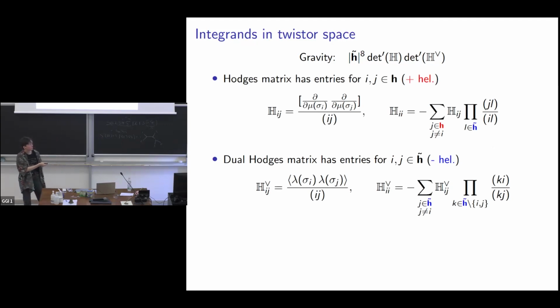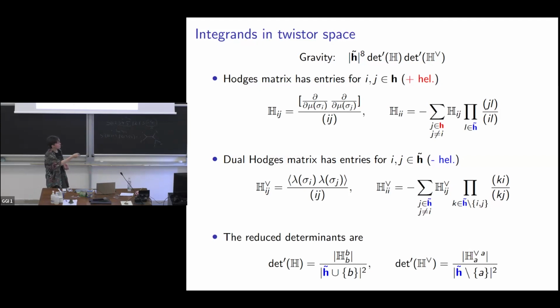And again, we have a relation between the off diagonals and the diagonal elements. So if you were to evaluate the determinant of either of these matrices, they actually have a zero eigenvector because we have a relation between the elements. So in order to find a non-zero quantity, we need to define these reduced determinants, which basically amounts to removing one row and one column from each of these matrices, and then dividing by a certain Vandermonde determinant. And in fact, these are independent of which row and which column we remove.